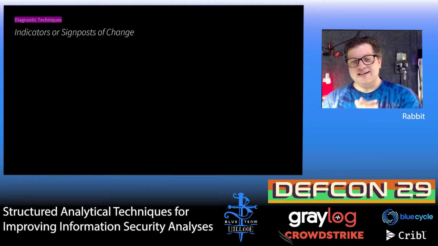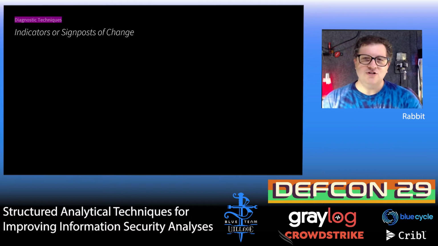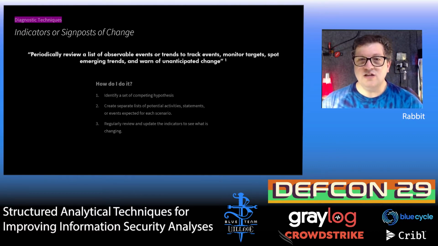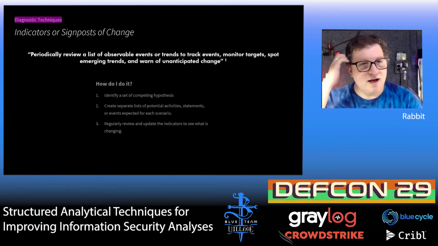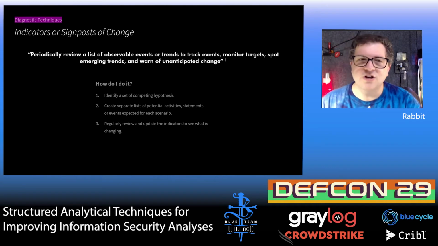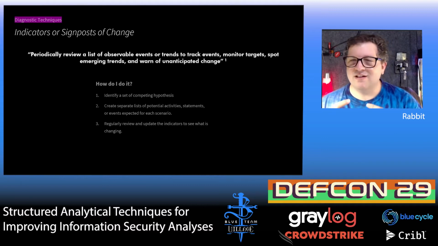So another technique, indicators or signposts of change. This is where you create a list of events or monitoring targets that will tell you if your situation has changed. Essentially, you identify a bunch of competing hypotheses, ways that a situation may go, and then you create lists of potential activities or statements or events for each scenario, right?